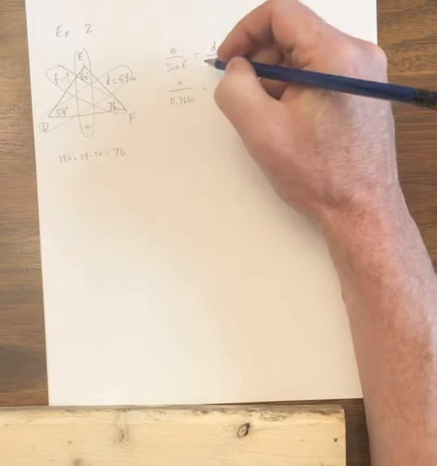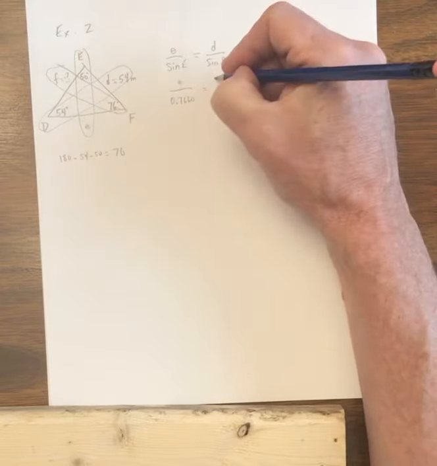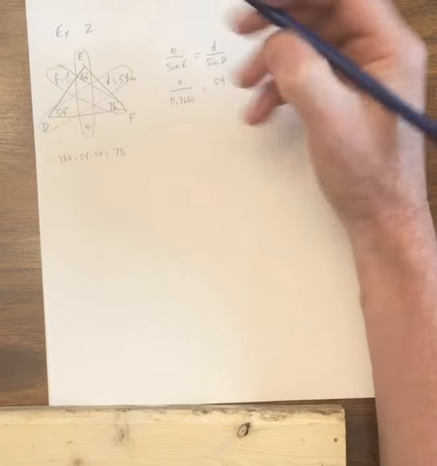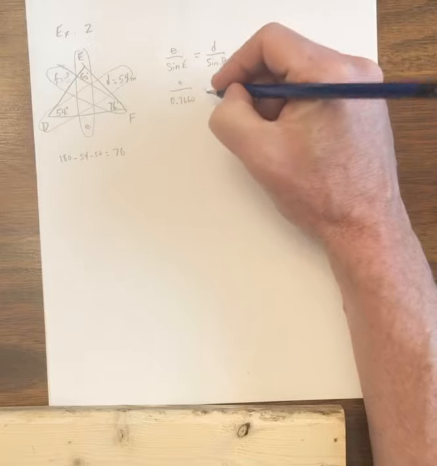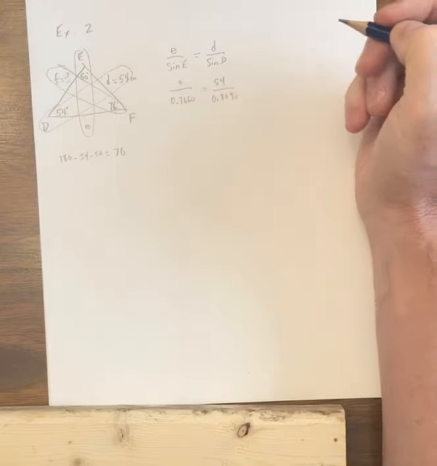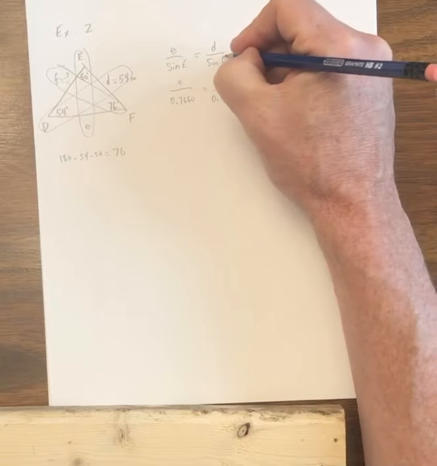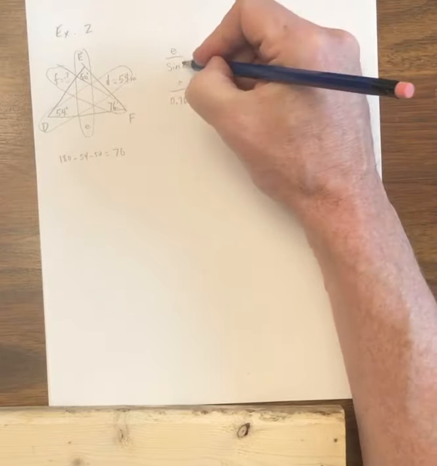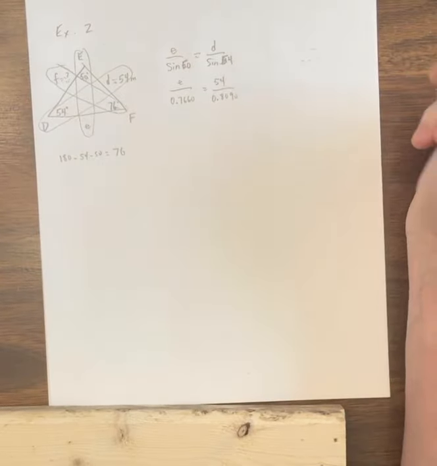Side D is 54. And when we do sine 54, we get 0.8090. So just go back up here, I subbed in 54 there and 50 for the E.